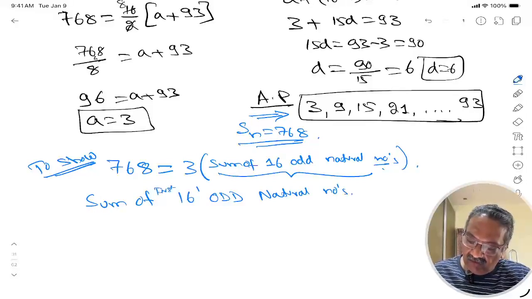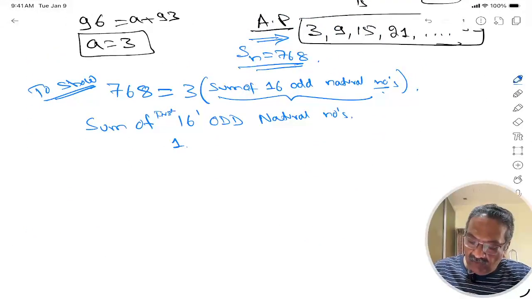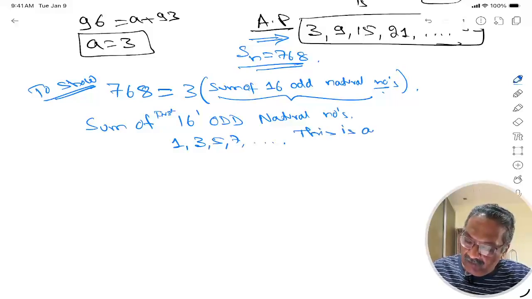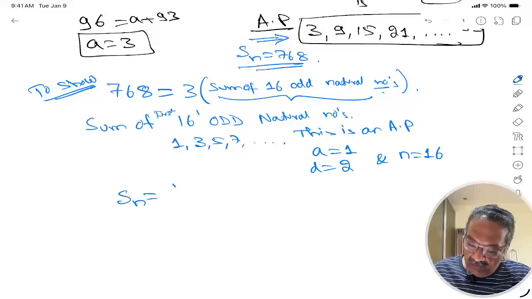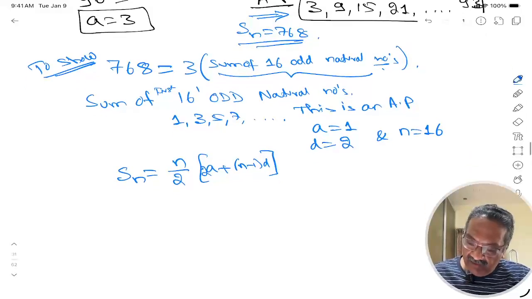What is the first odd natural number? So 1, next will be 3, 5, 7, and so on. So this is an AP with a equal to 1, common difference 2 and n is 16. So Sn is equal to n by 2 into 2a plus n minus 1 d.